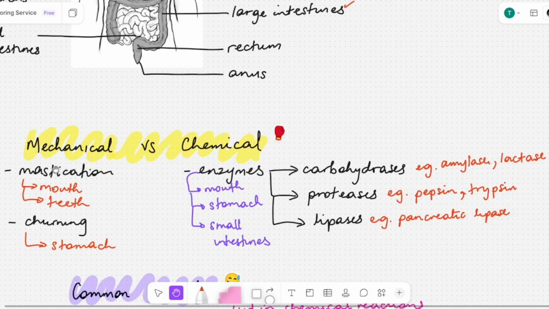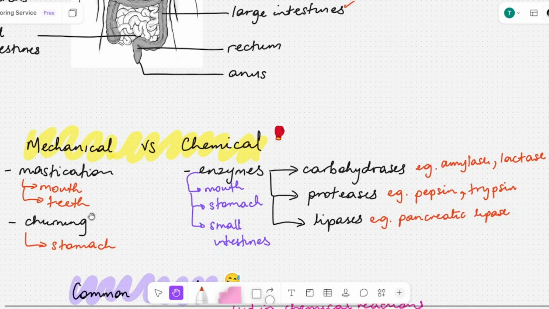At the mouth, the process of mastication, which is the grinding or chewing of the food using the teeth. Then we have churning at the stomach, where the contracting and relaxing action of the stomach muscle causes this churning action, helping the solid food to mix with the digestive juices, therefore becoming that liquid substance which we call chyme.